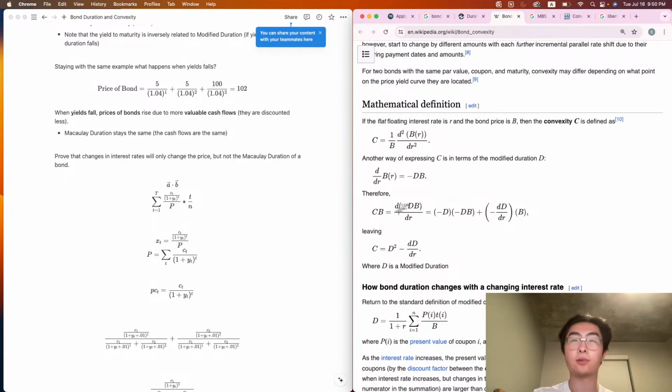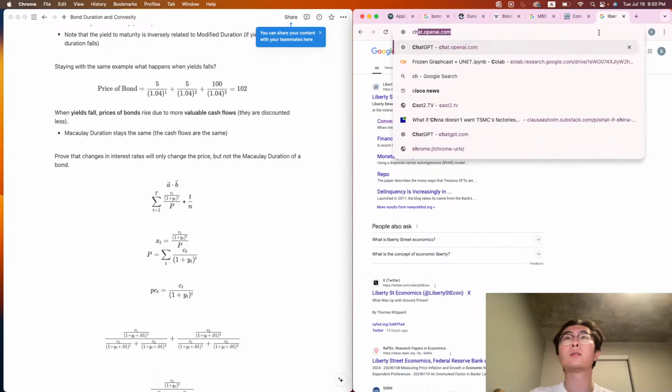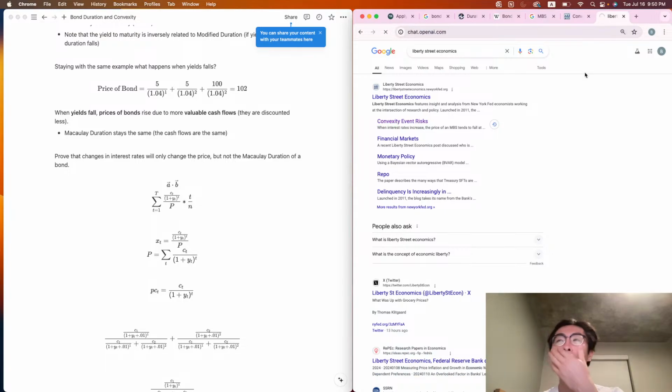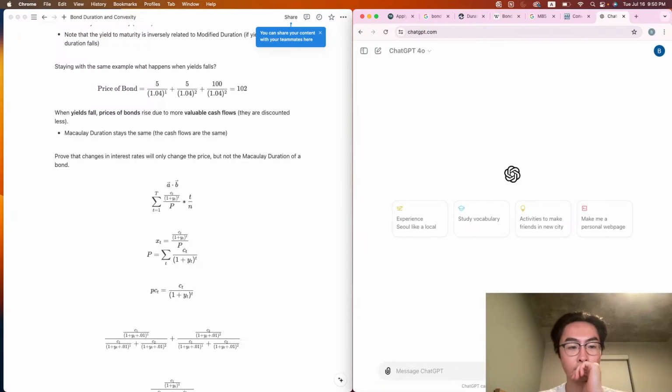Maybe ChatGPT will know. Can you explain what this formula is trying to say?